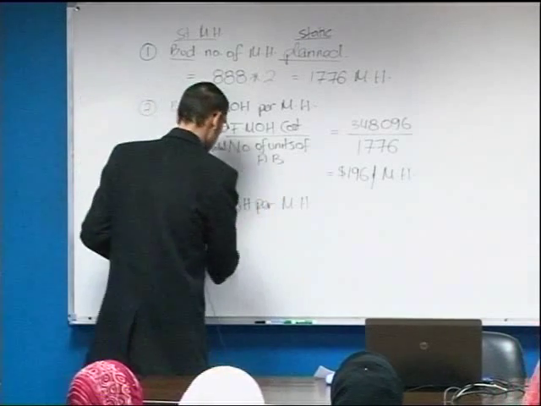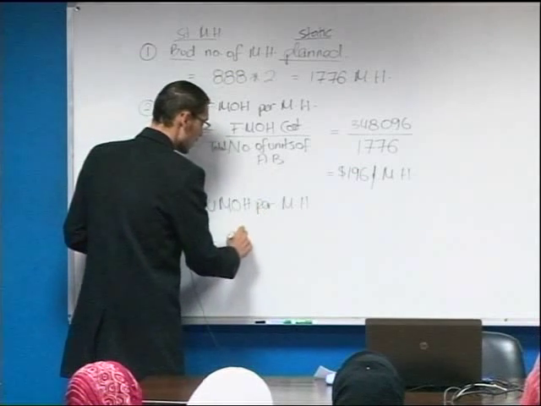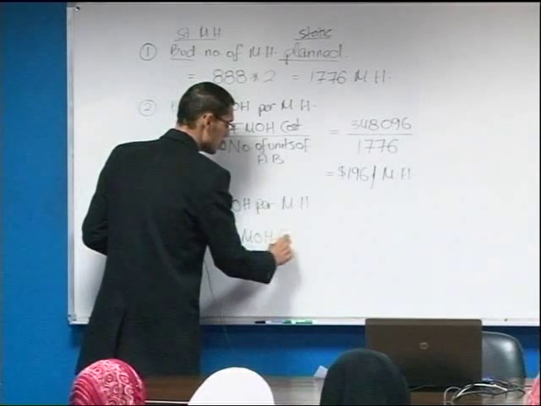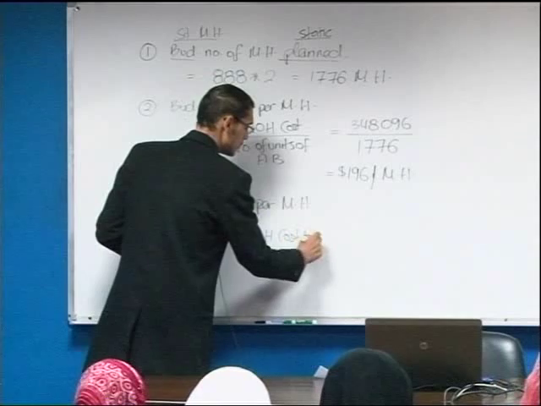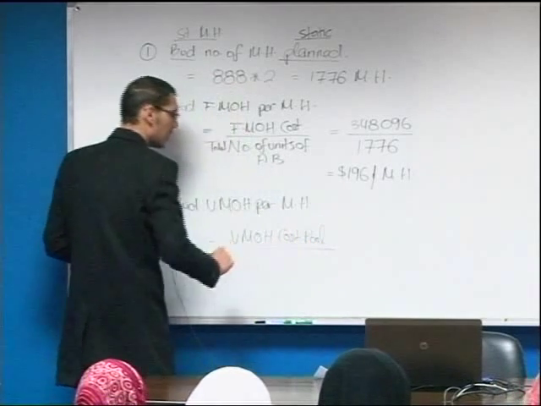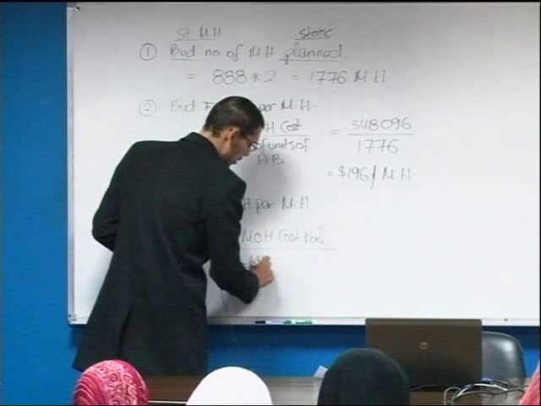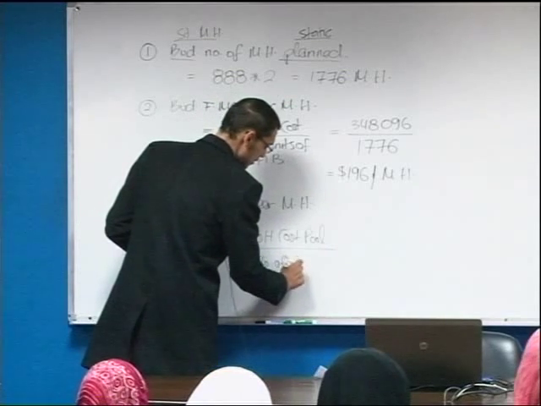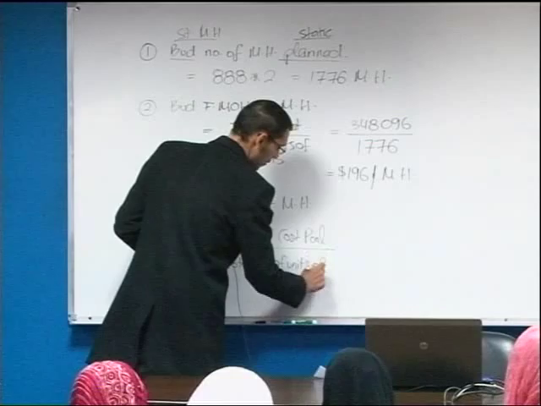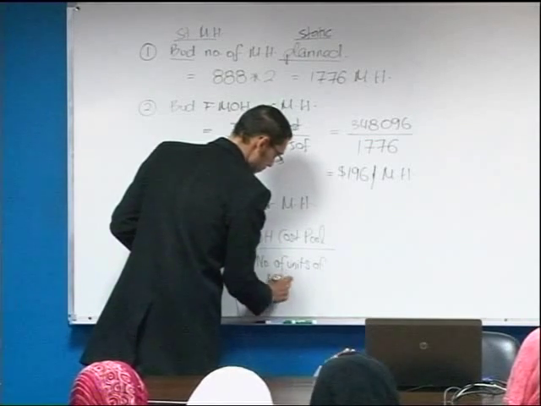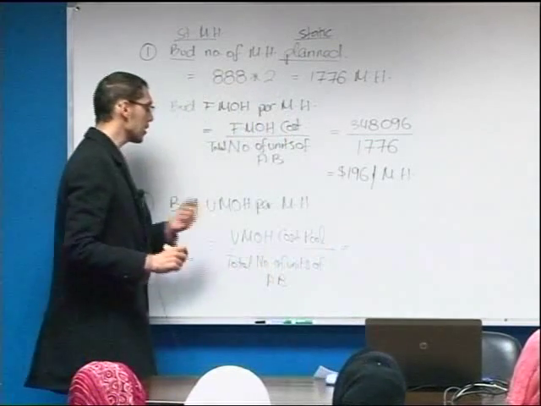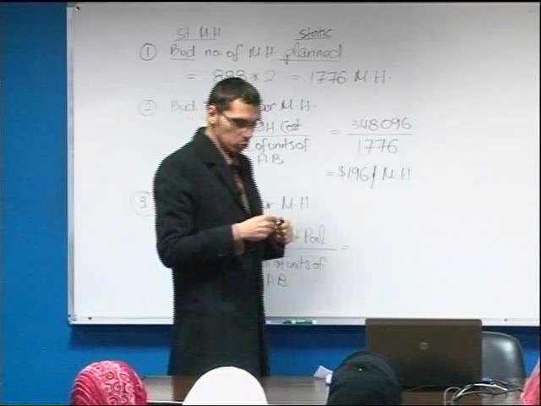Therefore, we also need the variable manufacturing overhead cost pool divided by the total number of units of the allocation base. So what do you think the variable manufacturing overhead cost pool would be?